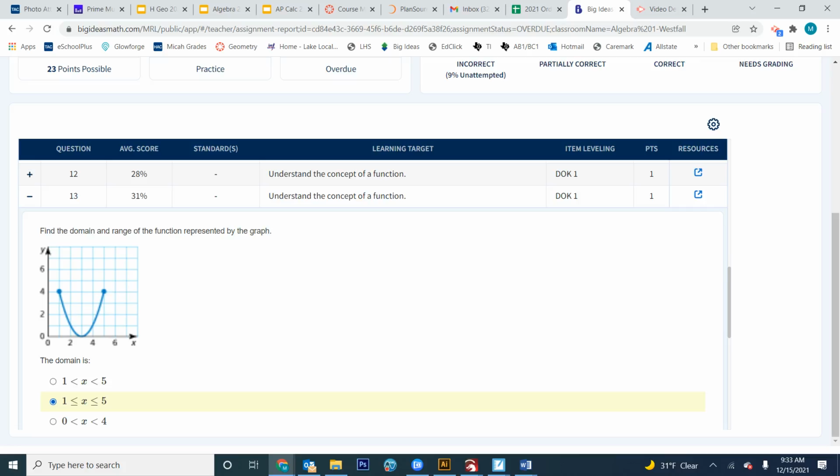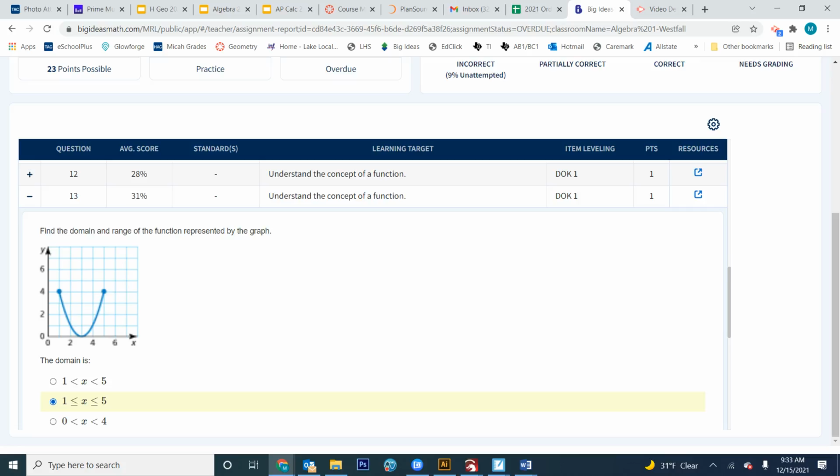Now, what's my range? My up and down coverage, right? So how tall is that U and how low does it go? 0 to 4.